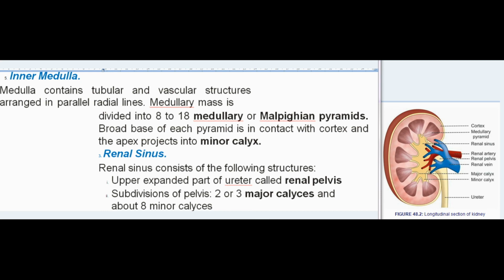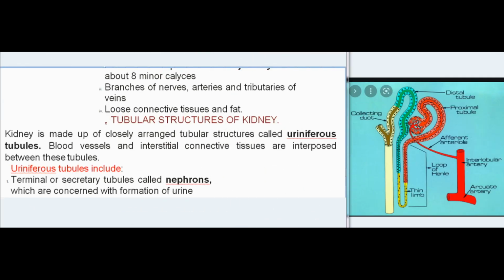Renal sinus. Renal sinus consists of the following structures: upper expanded part of ureter called renal pelvis, subdivisions of pelvis, 2 or 3 major calyces and about 8 minor calyces, branches of nerves, arteries and tributaries of veins, loose connective tissues and fat. Tubular structures of kidney. Kidney is made up of closely arranged tubular structures called uriniferous tubules.